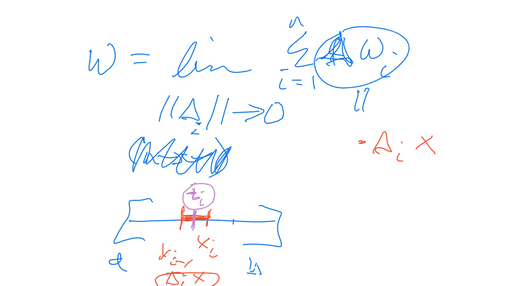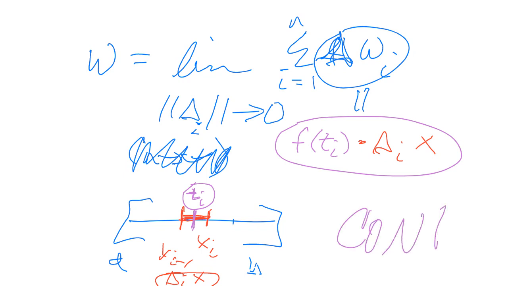So let t sub i be the point where the force evaluated at t sub i is the same as the average force on the entire interval. But anyway, it's the force for that interval evaluated at a particular point times the distance, and we add them all up. Long story short, the main thing here is that we have a continuous function.